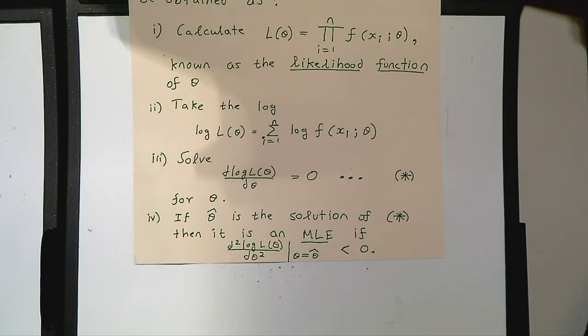All right? So it's a very simple procedure, guys. The first step is to write down the likelihood function, which is the product of the PDF over the n data points. The second step is to take the log likelihood. The third step is to solve the equation that you differentiate the log likelihood with respect to the parameter theta, and then you set it equal to 0, and so you solve that equation for theta.